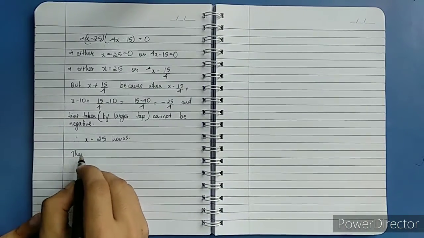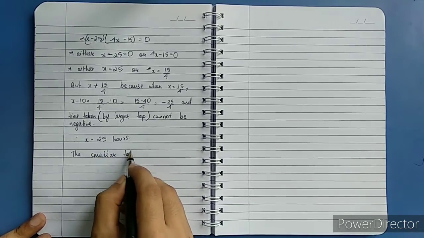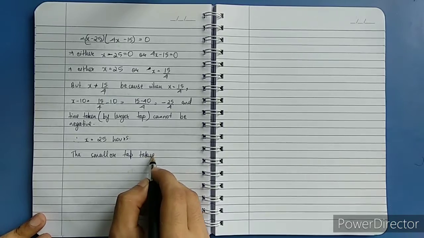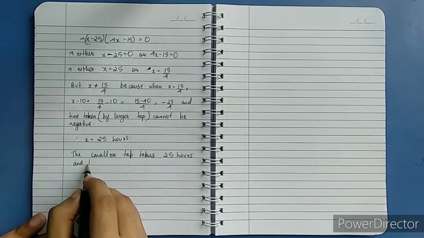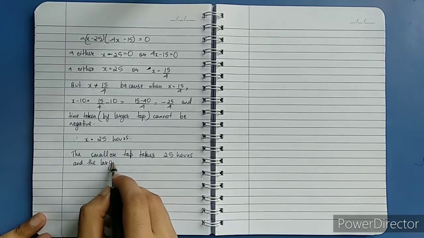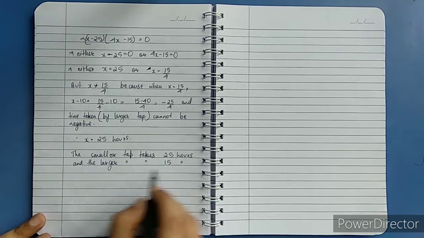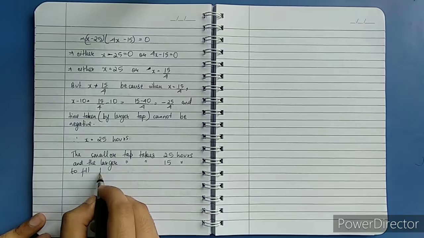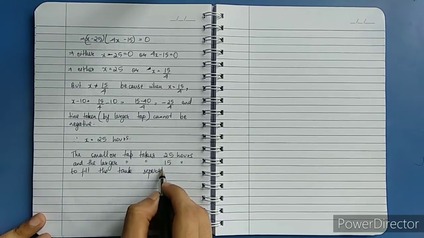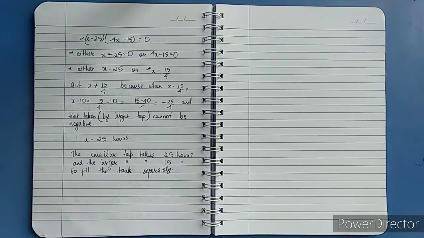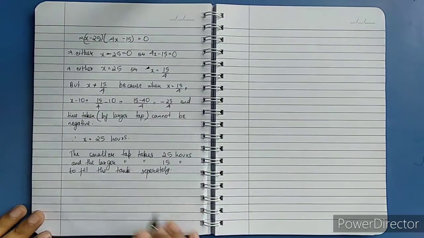So the smaller tap takes 25 hours and the larger tap takes 25 minus 10, that is 15 hours to fill the tank separately. Okay, so this was number 6. Now number 7.